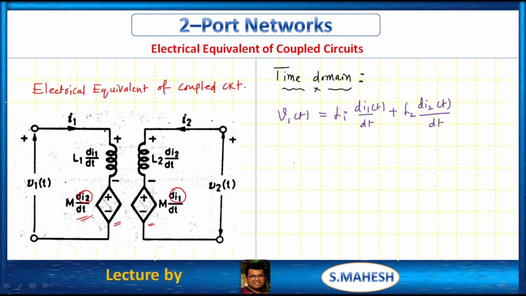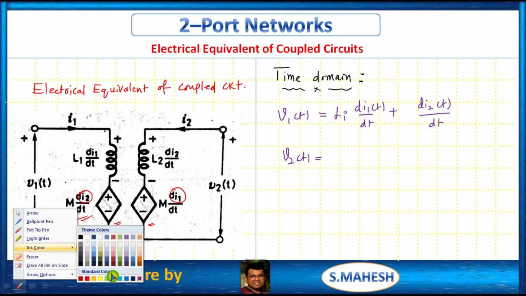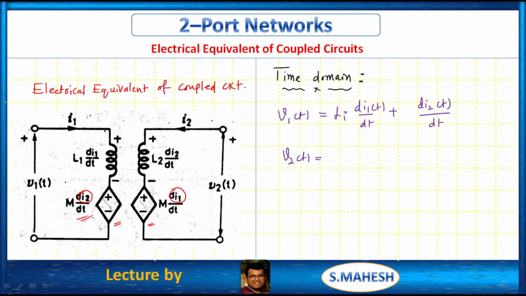From the second loop, V2 of t equals L2 into di2 of t by dt plus M into di1 of t by dt. These are the time domain voltage equations.